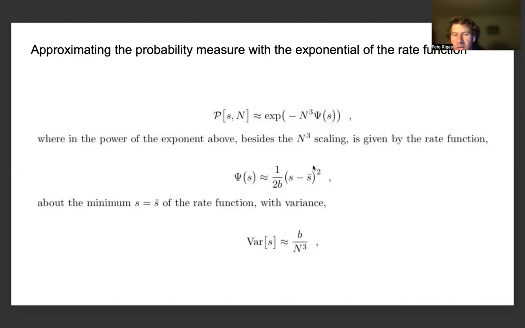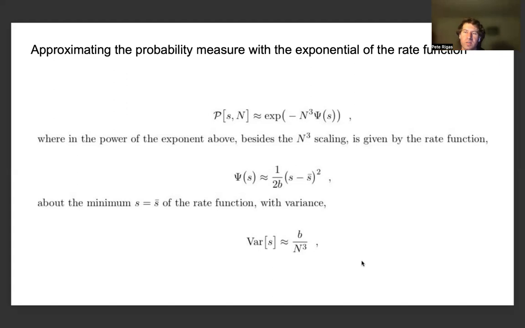So it's just measuring the square difference between s and the mean s. And this rate function achieves a minimum at s equal to s bar. And the variance of the linear statistic is approximately given by b to the n over 3.